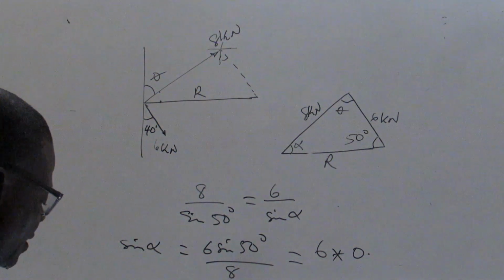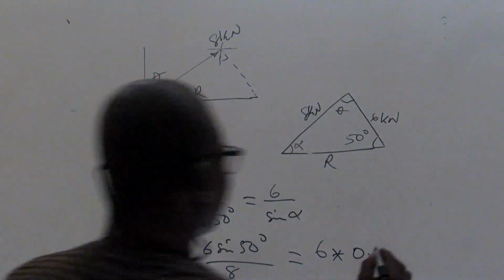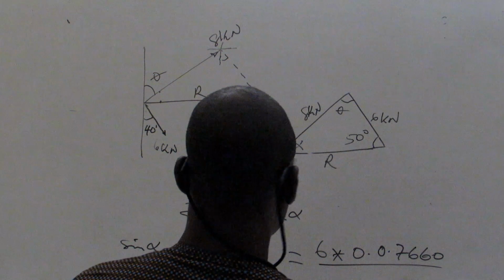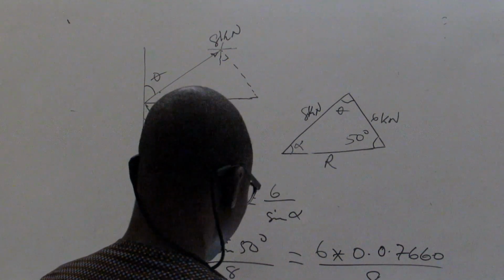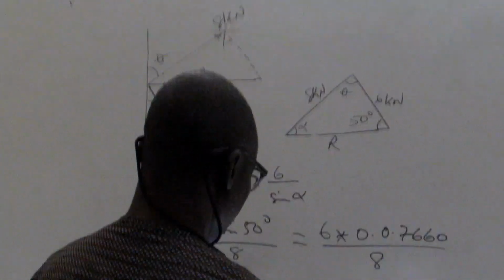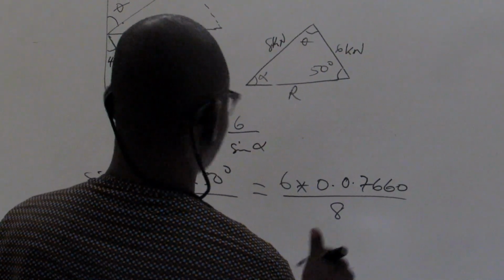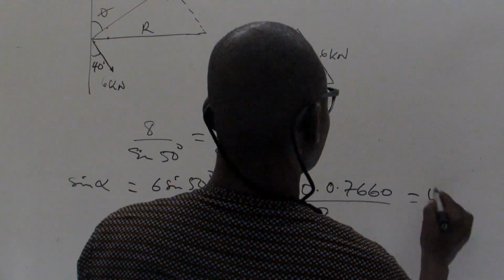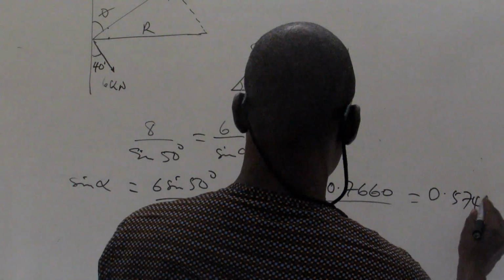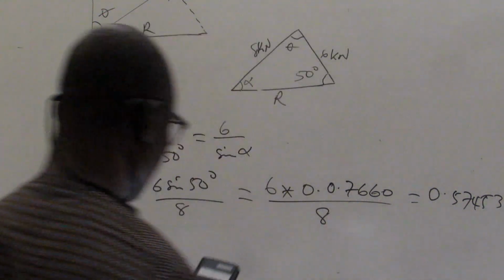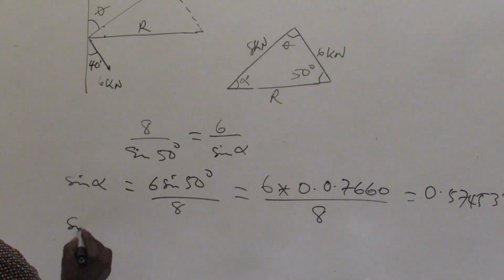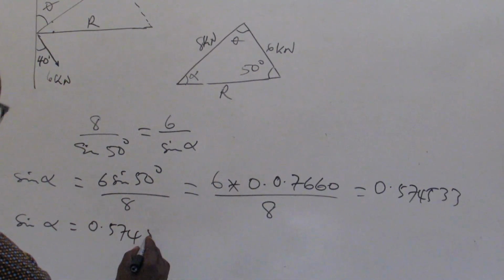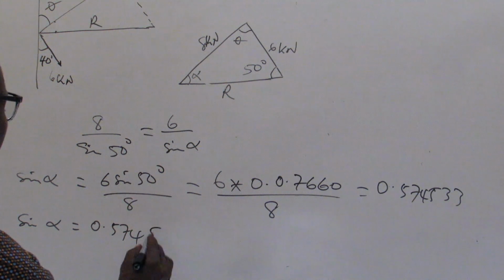Sine 50, which is 0.7660, on 8. We multiply that by 6 and divide it by 8. That gives us 0.5745. This is sine alpha, which is 0.5745.